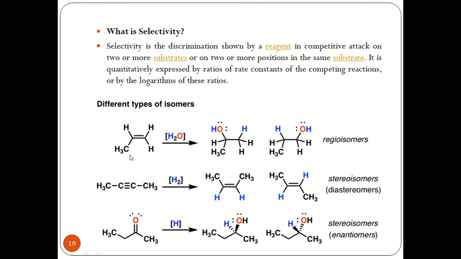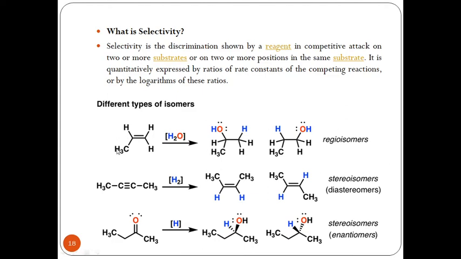If I speak in terms of the long chain system, methyl, then I have 1, 2, 3, that is prop-1-ene. Firstly, the OH might attack the second carbon atom and I will get the 2-hydroxypropane system, or the OH might attack the first carbon atom to give the 1-hydroxypropane system.